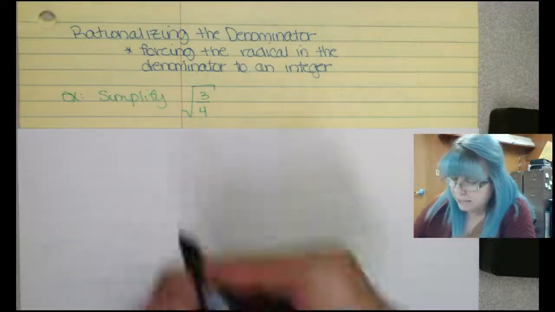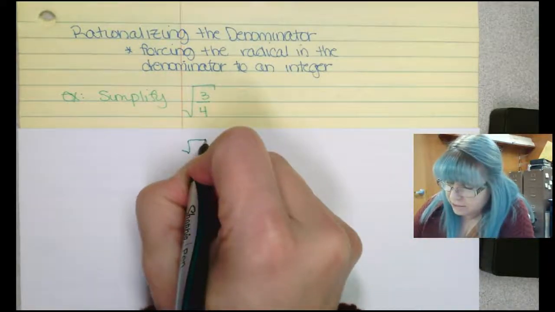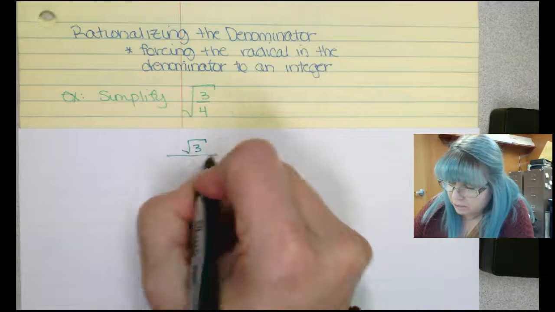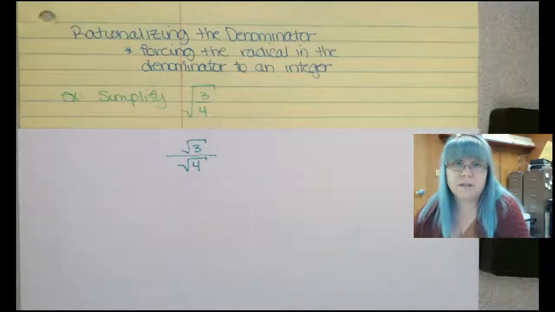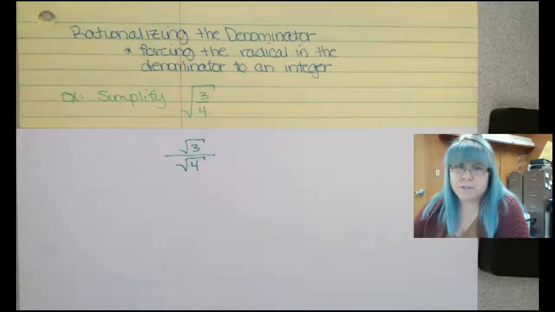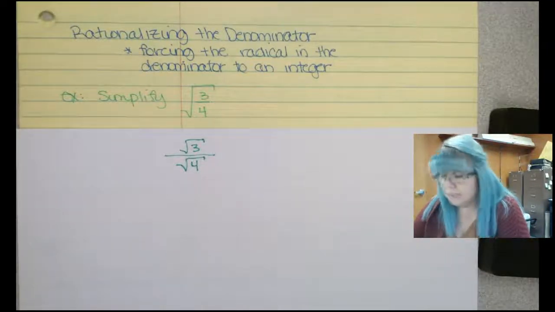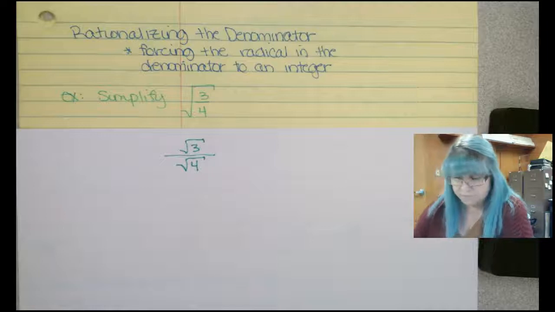Well, the first step is I can rewrite it as the square root of 3 all over the square root of 4. Okay. That means there is a radical in the denominator, and that I don't want.